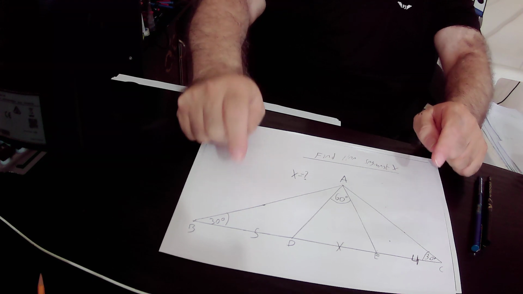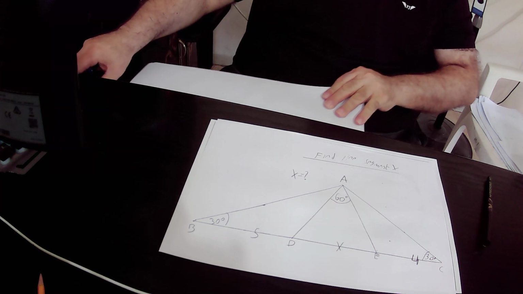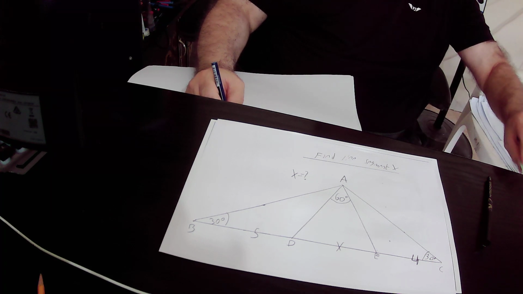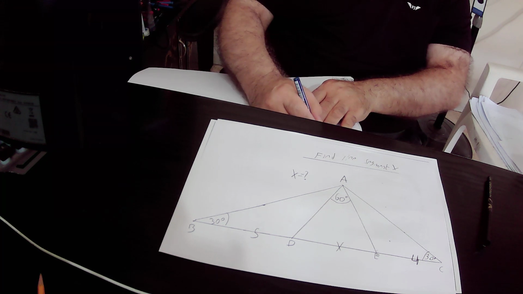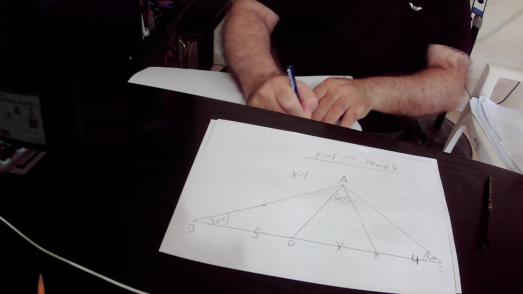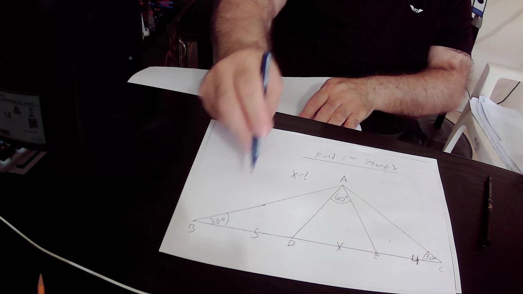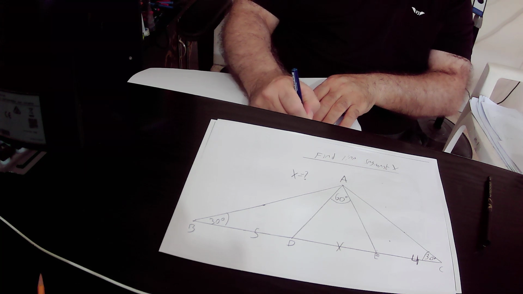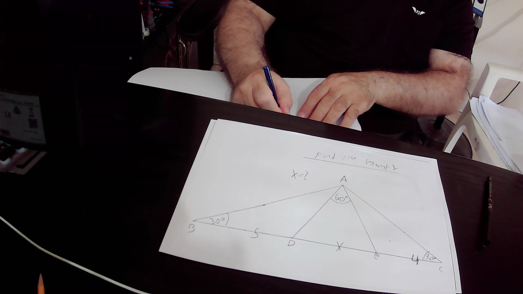Here, angle ABC is equal to angle ACB. Both angles are equal to 30 degrees, therefore they are equal to each other.